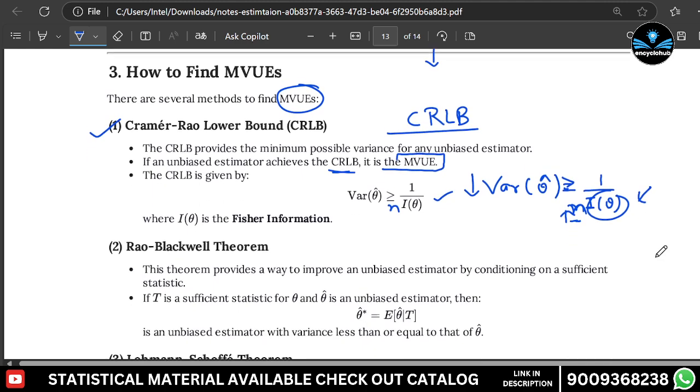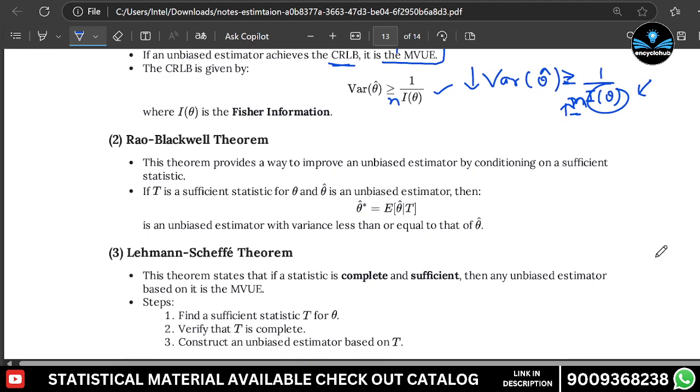Now, what is the Rao-Blackwell theorem? The Rao-Blackwell theorem provides a way to improve an unbiased estimate by conditioning on a sufficient statistic. The definition is here: T is a sufficient statistic for theta, and theta cap is an unbiased estimator.